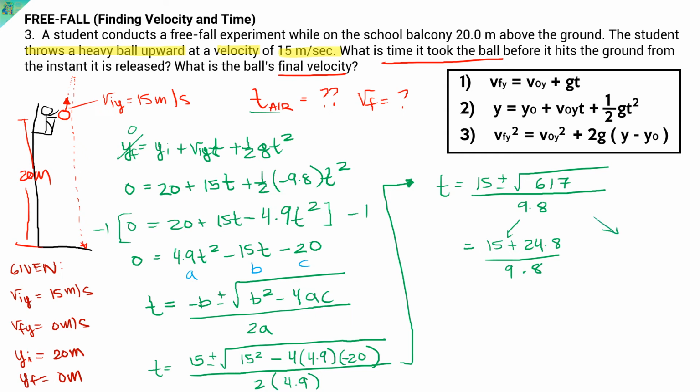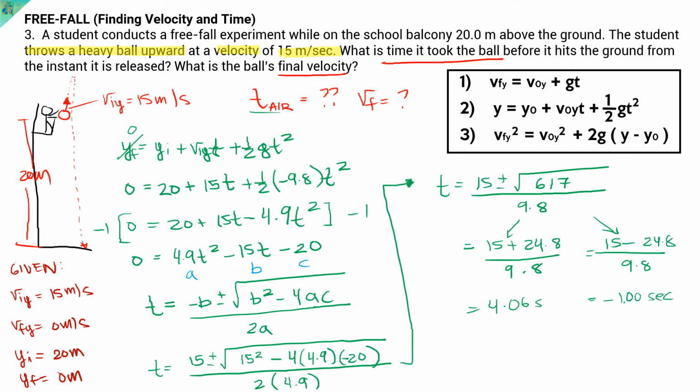Also, if you use the other one, the minus, that will be 15 minus 24.8, and of course that will give you a negative answer. So you have two answers here. For the first one, you're going to have 4.06 seconds. For the other one, that will give you a negative 1.0 seconds.